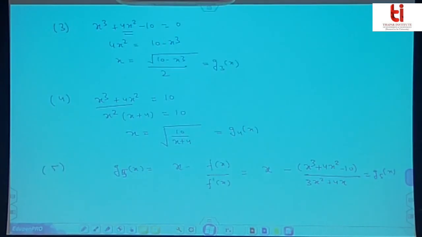So f(x) equal to 0 can be expressed in terms of x equal to g(x) by infinitely many ways. So here we are choosing 5 ways. Let's compare what is the difference between these 5 g's.